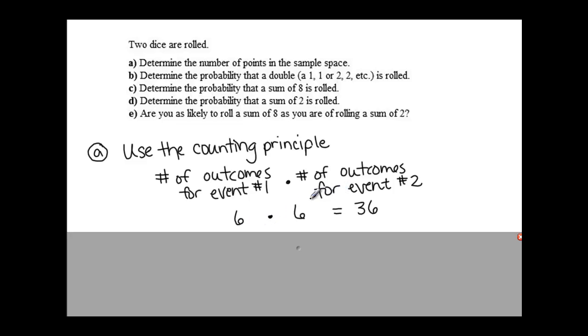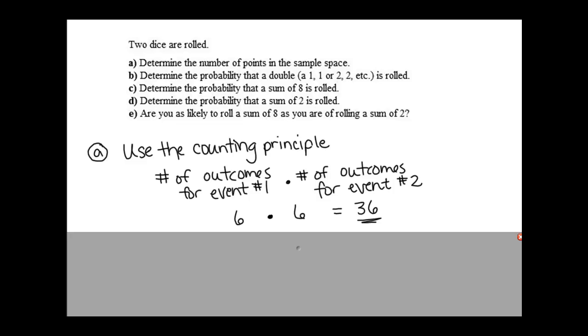And for the second die, and this is regardless of whether you roll them at the same time or you roll one first and roll the next one second, the second die would have 6 different outcomes. So using the counting principle, that would say that we have a total of 36 different outcomes.